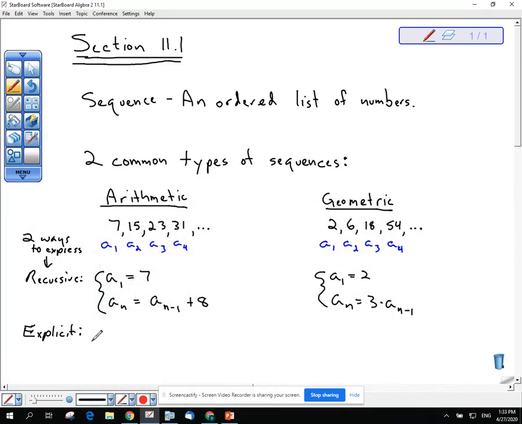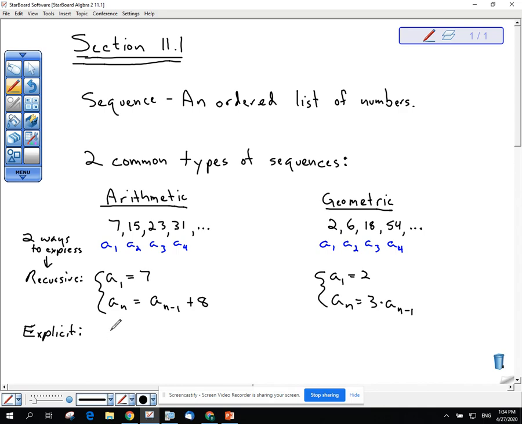All right, now let's back up and talk about 7, 15, 23, 31 again. And basically, recursive formulas are limited, right? What if I wanted to know the 112th term, the 5,000th term, etc.? You would not want to calculate that recursively even if you had the use of your calculator, because you'd have to hit that enter button like 5,000 times, okay?